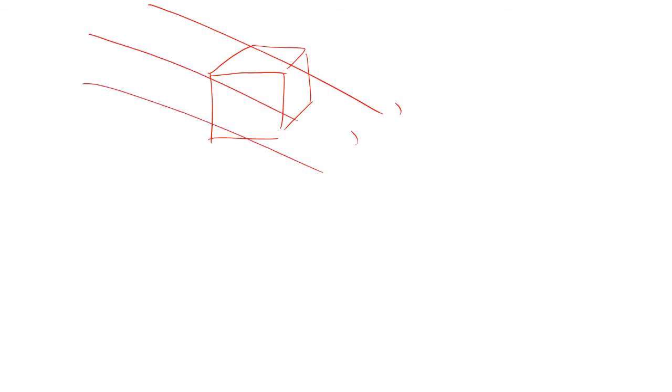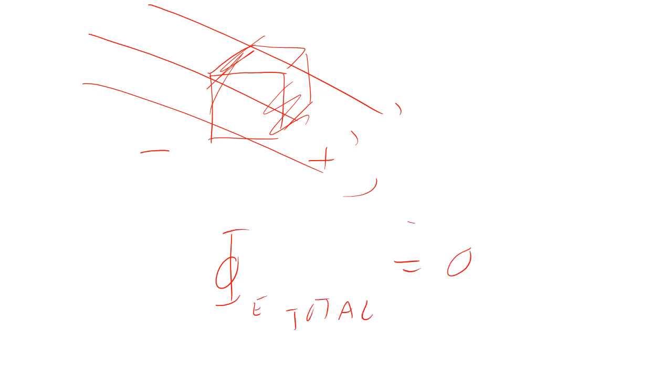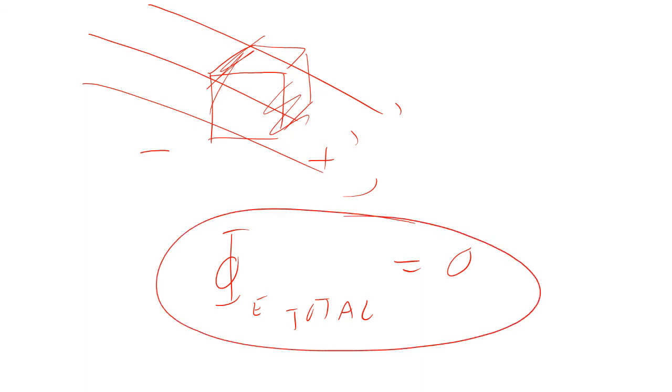What is the total flux here as the electric field's going through? Well, it goes in one side, so that side is going to be negative. It comes out the other side, that's positive. The same electric field lines are going through, so the total flux is going to have to be zero because you have the same amount of electric field going in as going out.